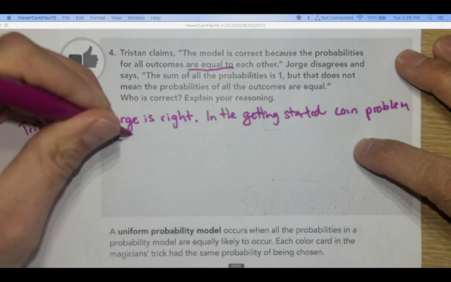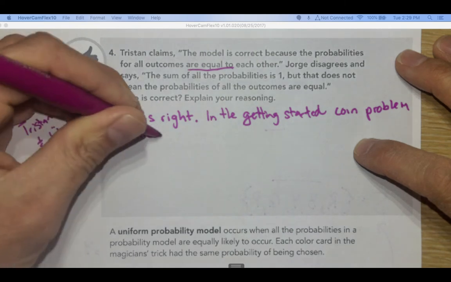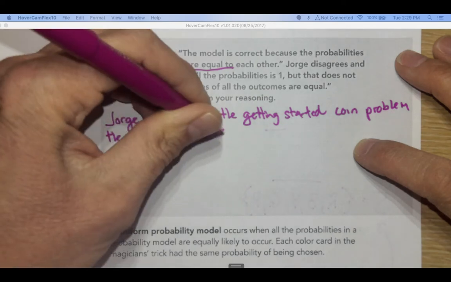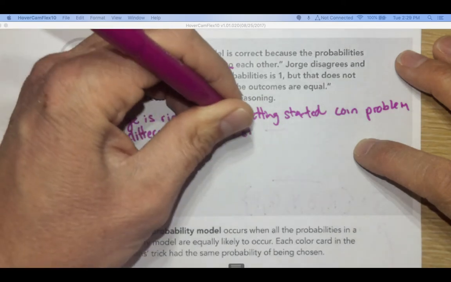The different coins had different probabilities.